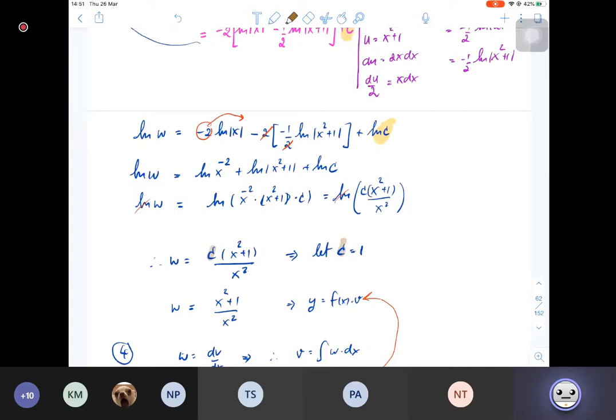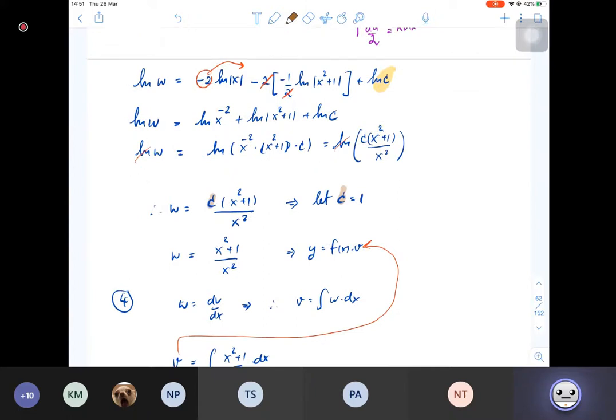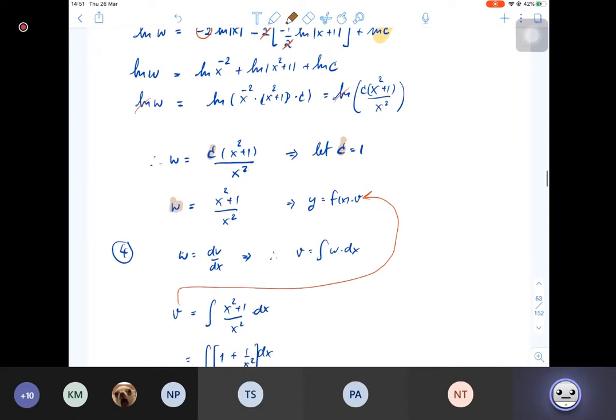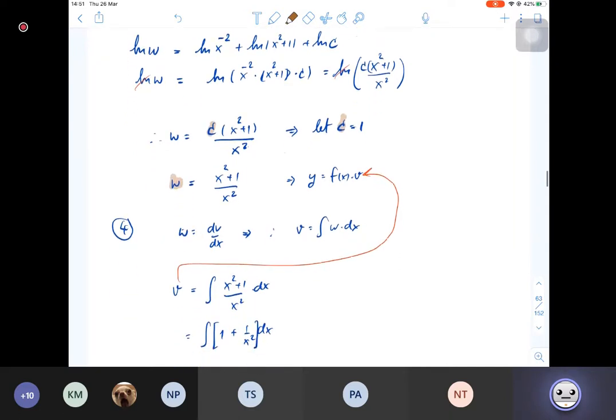Normally we set that c equal to 1, and we're going to have the answer in terms of w. However, we don't want w. We would like to have v, such that we can substitute v into y equal to f of x times v, and then we get y, which is the ultimate solution that we want.